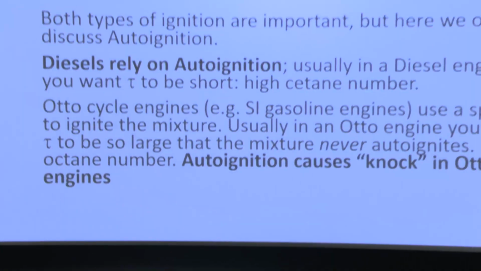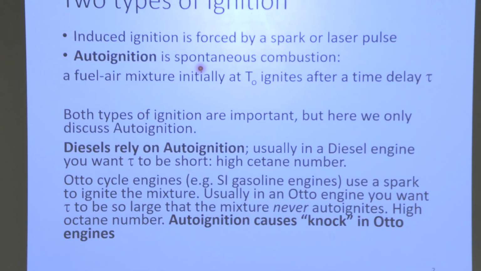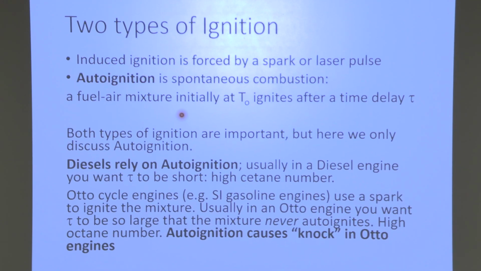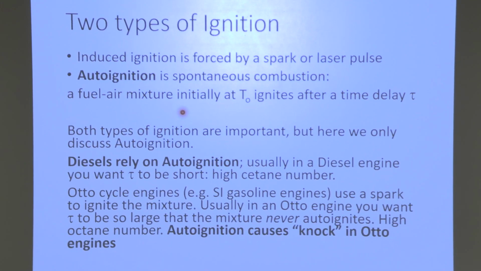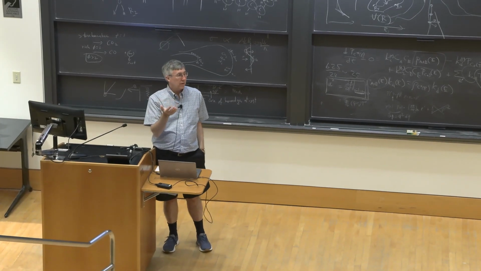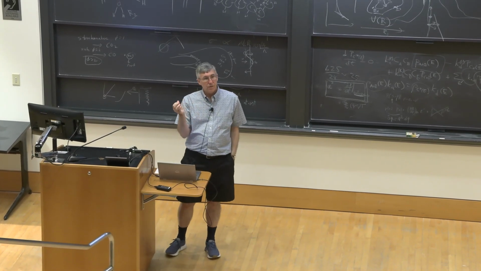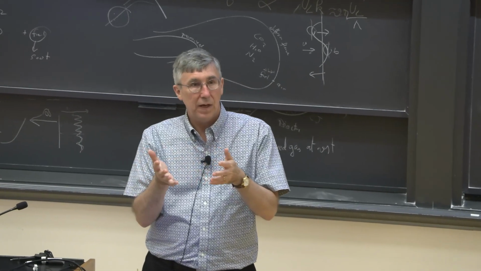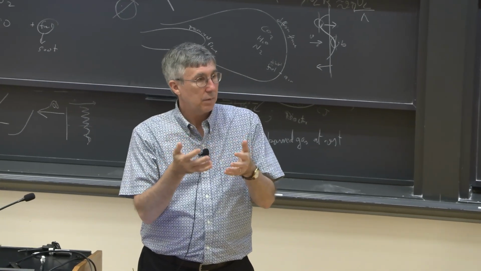But then another way you can ignite is auto-ignition, which is spontaneous combustion. If you just have a fuel-air mixture and you let it get hot enough and stay together long enough, it'll just burst into flames. This can be a hazard. You guys are probably familiar that sometimes this happens because of house fires, where some kinds of oils that people use to paint with are very susceptible to oxidation.